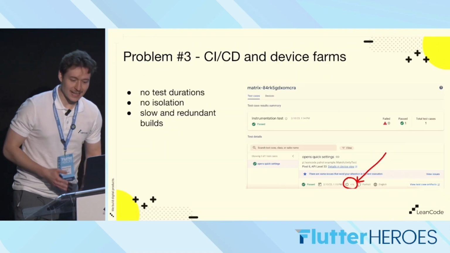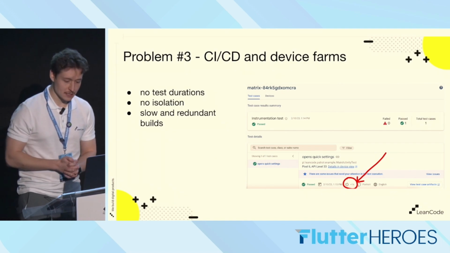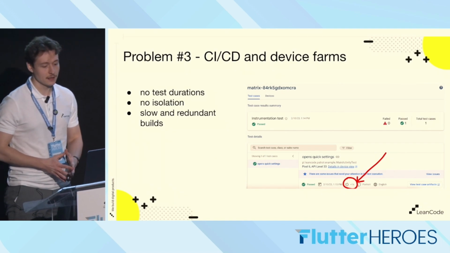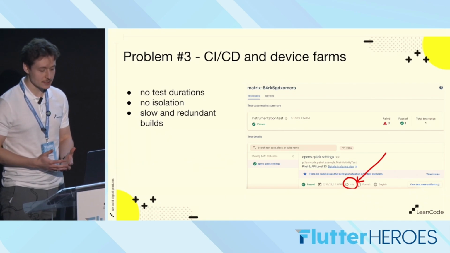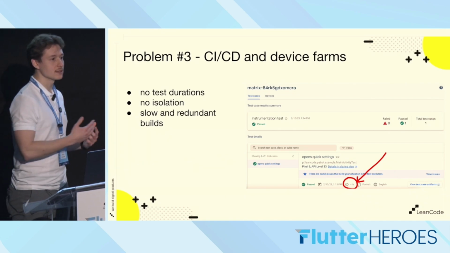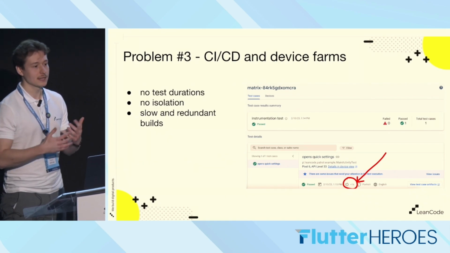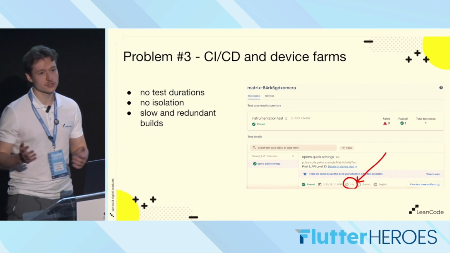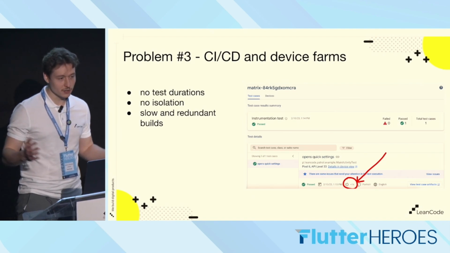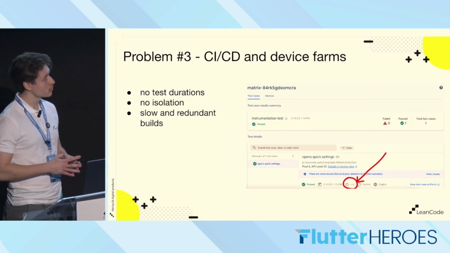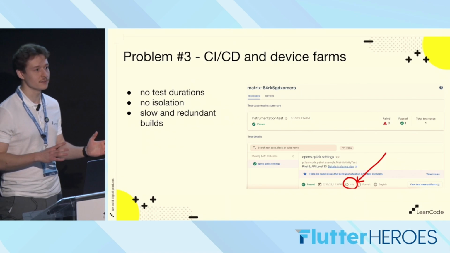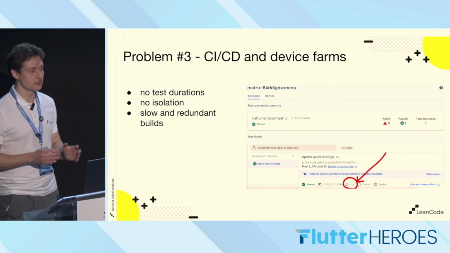And the last but not least problem is with end-to-end testing. Many of our enterprise clients want to use end-to-end integration testing to actually test things end-to-end on real physical devices using device clouds like Firebase Test Lab or BrowserStack or Sauce Labs. There are many of those products, and all of those products always support native apps, right?